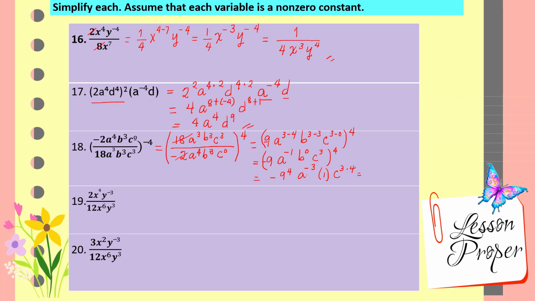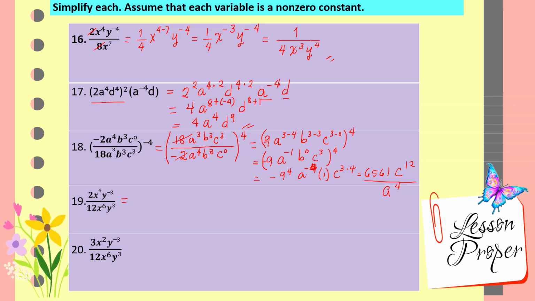So, our answer as 9 raised to the 4th is 6,561. Then, c raised to the 12 divided by a to the 4th. We have negative 1 times 4 is negative 4. So, this is a raised to the 4th power.